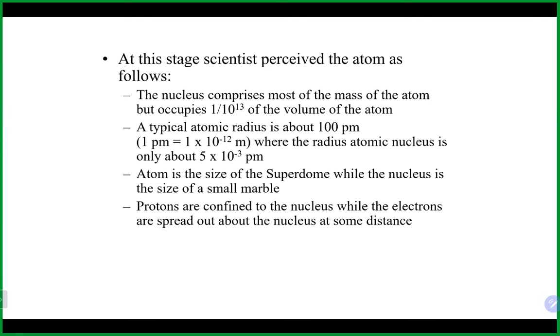The nucleus is like a marble on the 50-yard line. So a bunch of empty space where those electrons are traveling, and a really dense positive core where the nucleus is.